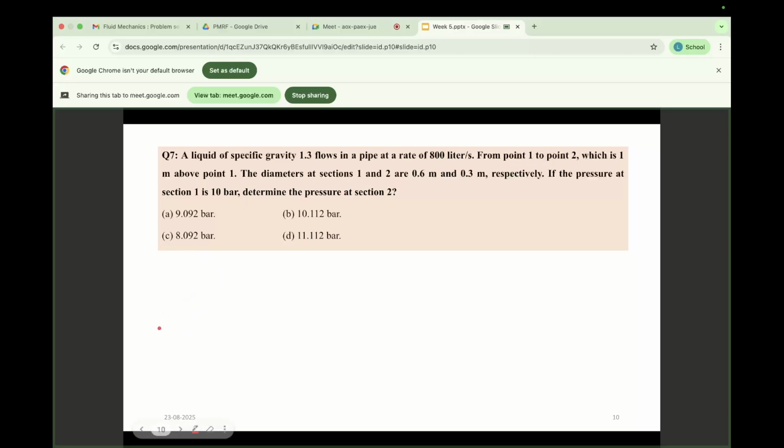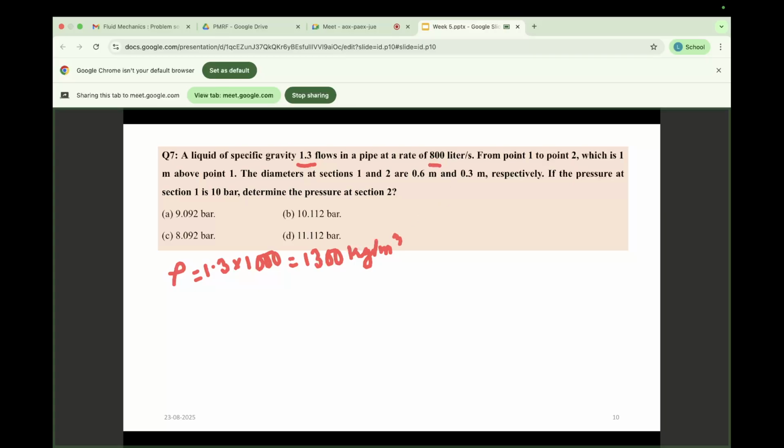Okay. So first in this question, what is given? Specific gravity is given as 1.3. If the specific gravity is given, I can find the exact density: 1.3 times the density of water, that means 1300. This should be the density of the liquid first.